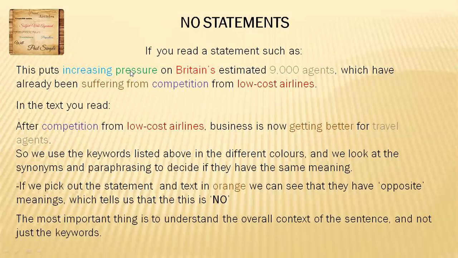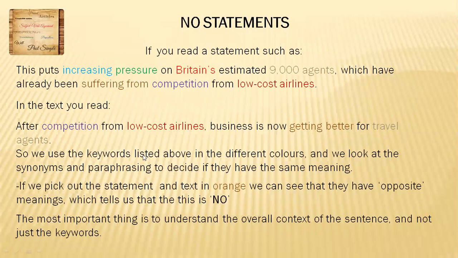Increasing pressure does need to be looked at because you're looking for something in this sentence that tells us they're under pressure, but there isn't anything in this sentence that tells us that. There's nothing that tells us that they're suffering. This sentence tells us that business is getting better for travel agents. This sentence tells them they're having more pressure on them and they've already been suffering from competition. So this says the opposite to what this says.